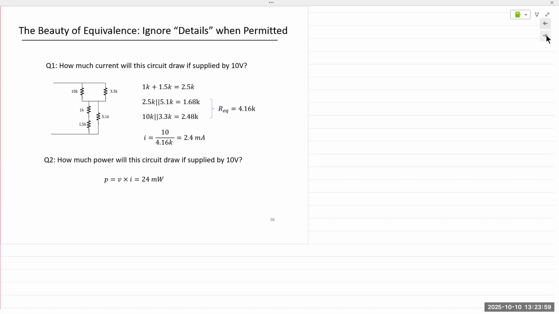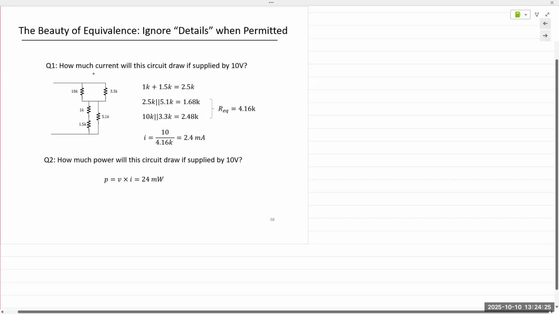All we need to know is that between two terminals, A and B, or C and D, or X and Y, the total REQ is a specific value. And then between those terminals, we can treat it as one single linear resistor. So if you apply voltage, you can easily calculate the total current that will be available. Or if you apply current, we can calculate the voltage.